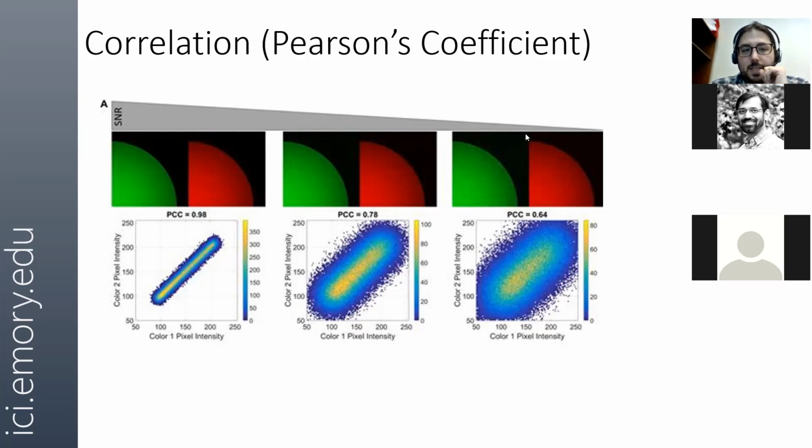So we see the lower the SNR, the noisier the scatter plots get, and also the lower the Pearson's coefficient becomes as a result of that, even if the relationship in the data, or the relationship between the two components, remains the same.